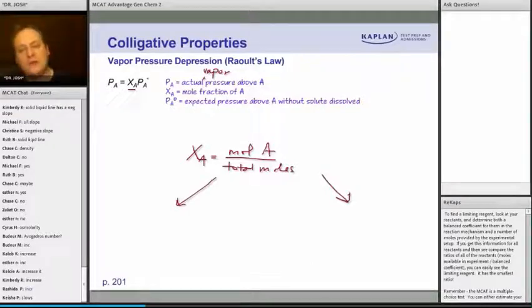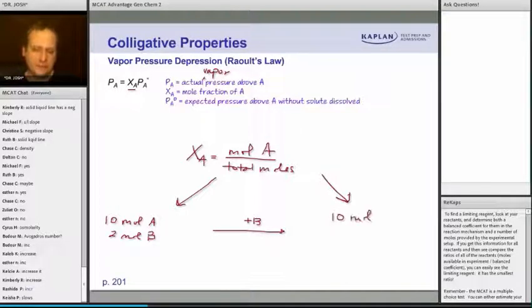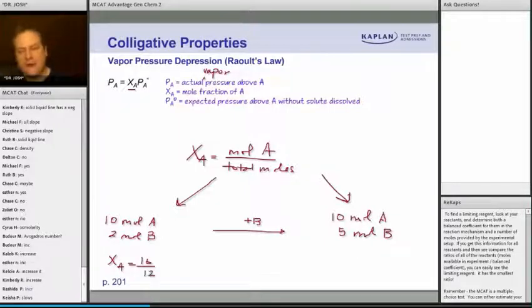So I want us to look at 2 solutions to give us a better example. Let's say that in one solution, we have 10 moles of A and 2 moles of B. Then let's add some B to it, so that now we have 10 moles of A and 5 moles of B. Now the mole fraction here would be 10 over 12, because you have 10 moles of A and 12 total moles.